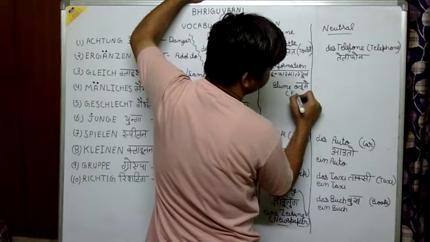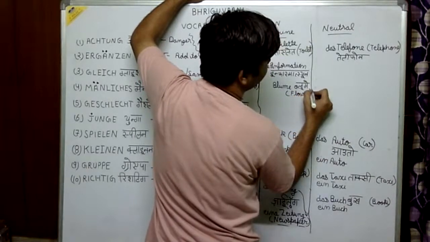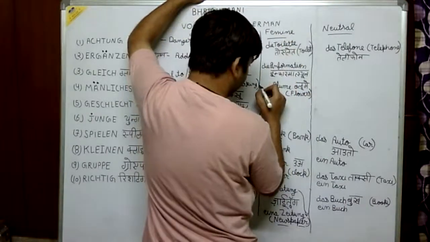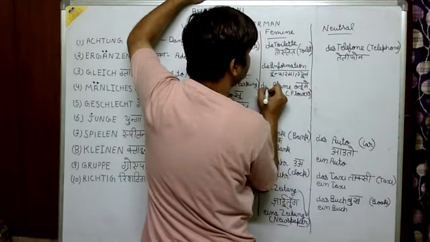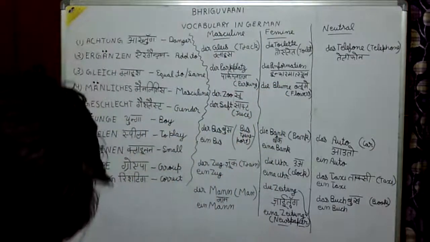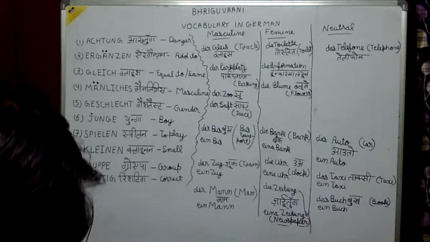These are flowers. For flowers, we say Blume. And this Blume is again a feminine word. So we say die Blume.